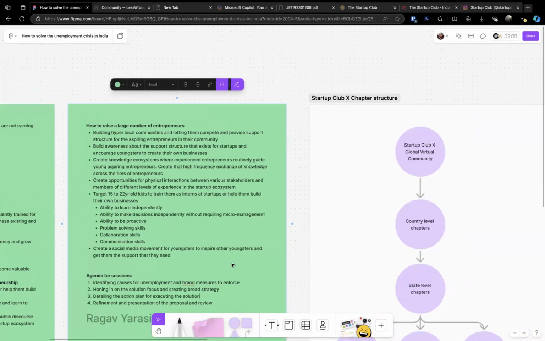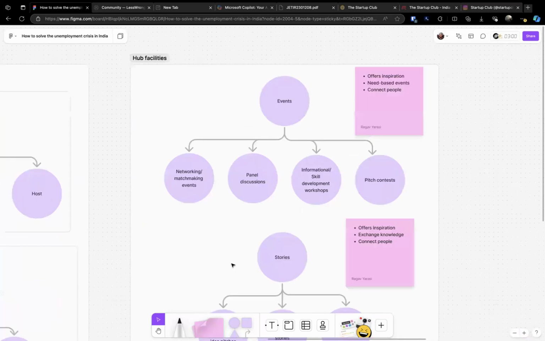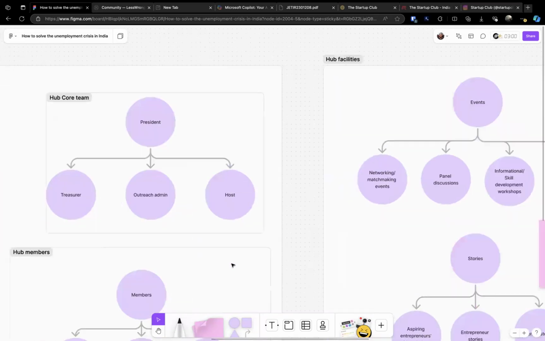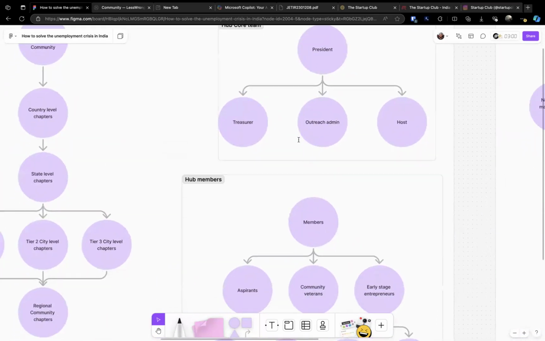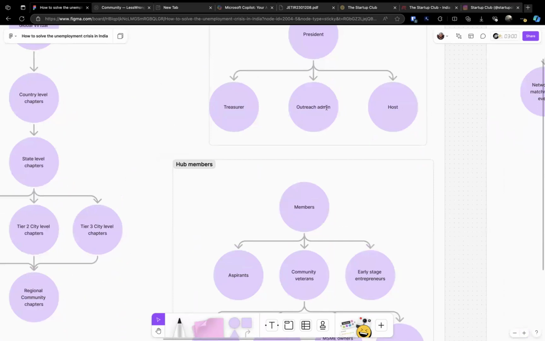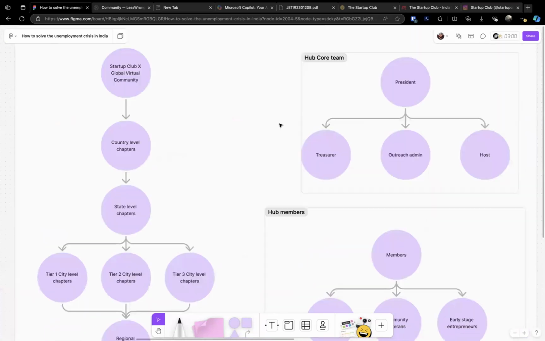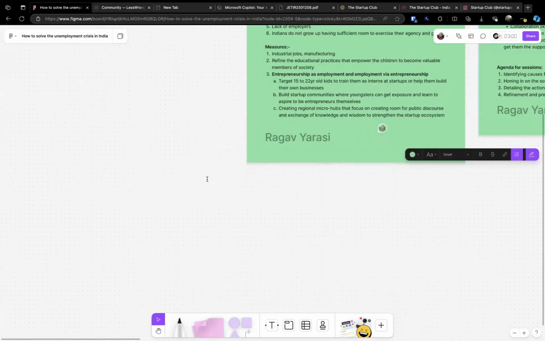Basically, creating the various hubs, how do we recruit people, and how do we make it sustainable? How do we make sure that every player in this structure is incentivized to participate and give their fullest? That involves making sure that everybody's incentives are emphasized.